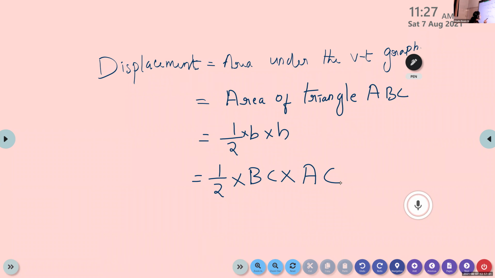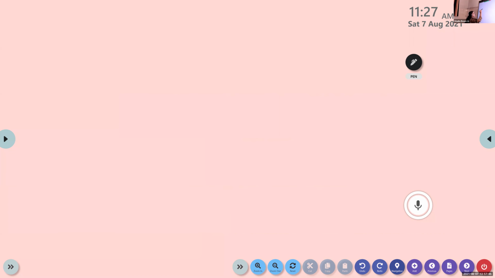BC into AC. Or we can write half into 3 minus 0 into 12 minus 0. Or simply we can write displacement is equal to half into BC, which is 3 minus 0, that is equal to 3.